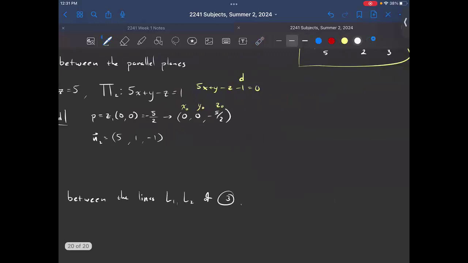We go ahead and plug this stuff into our formula. What do we get? D equals absolute value of, all right, A is 5. I'll rewrite that, ABC.